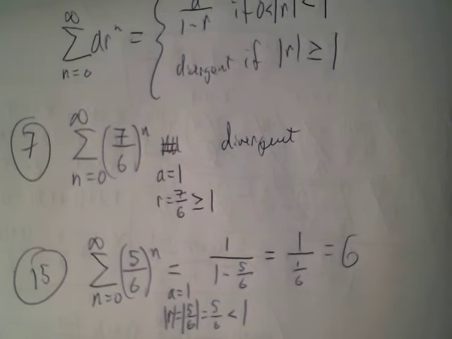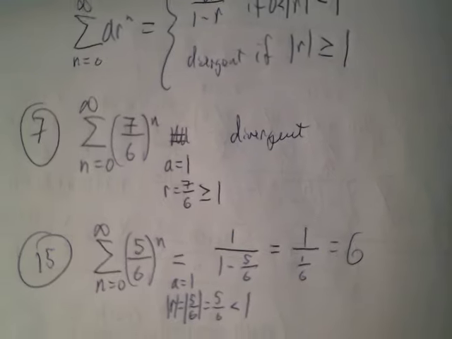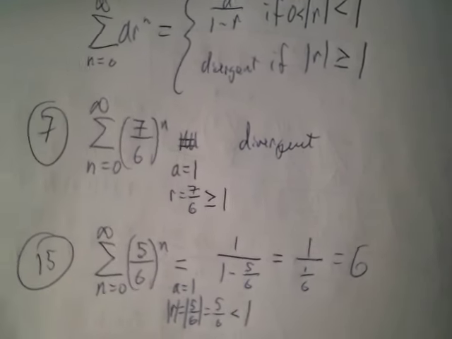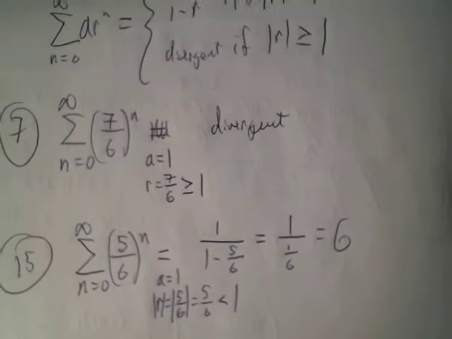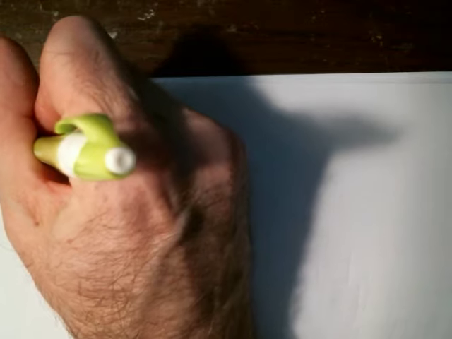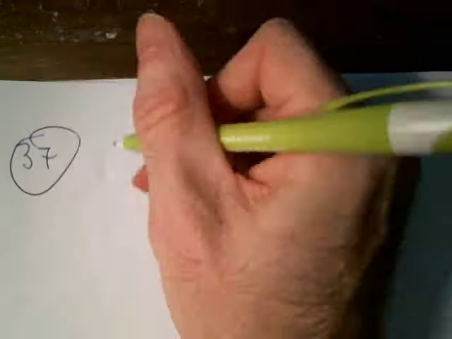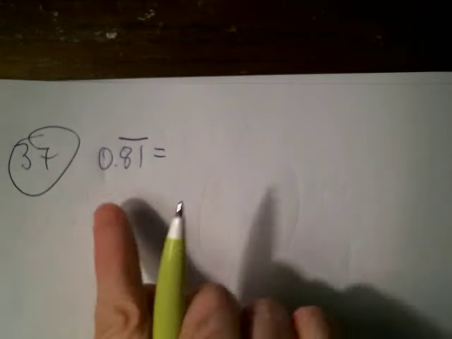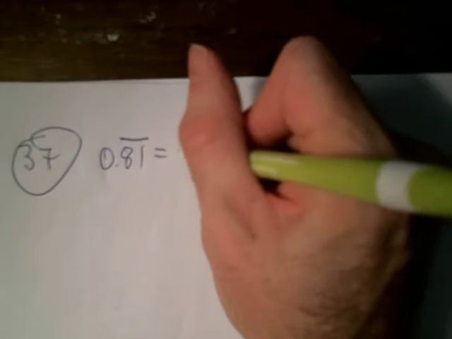A clever thing you could do with this is figure out rational numbers, or fractions, for repeating decimals. So problems like 37, 0.81 repeating. You can think of this decimal as a sum of finite decimals.